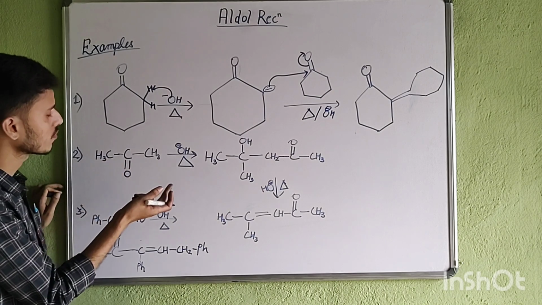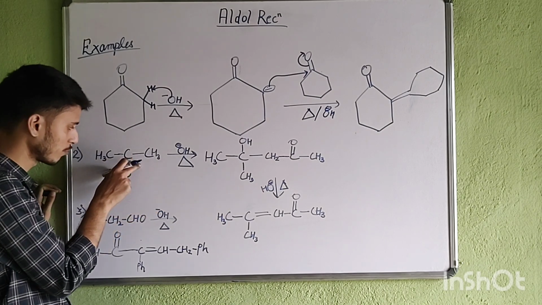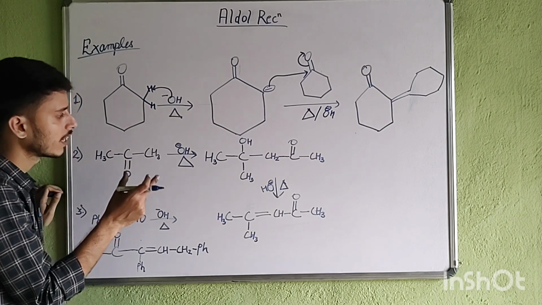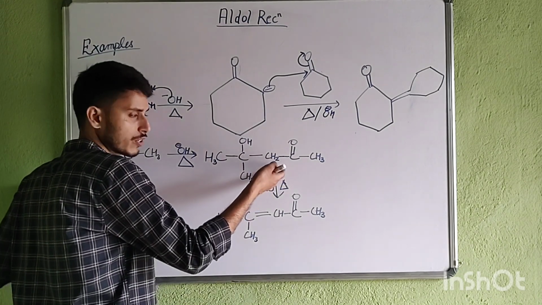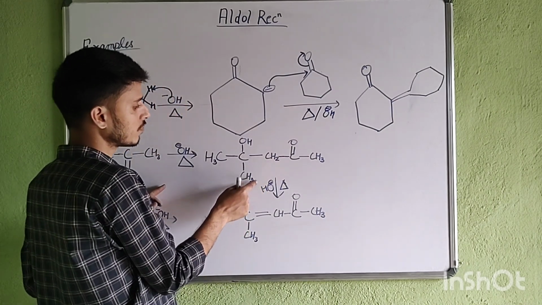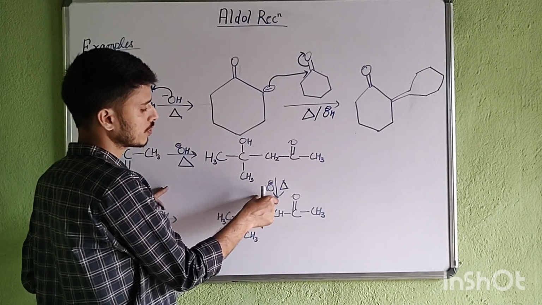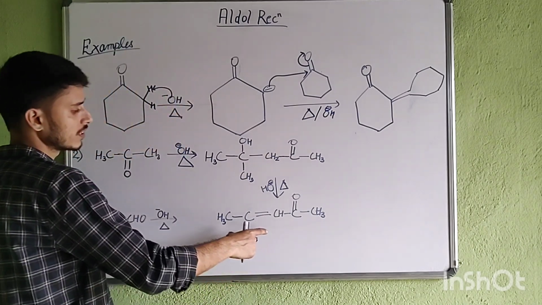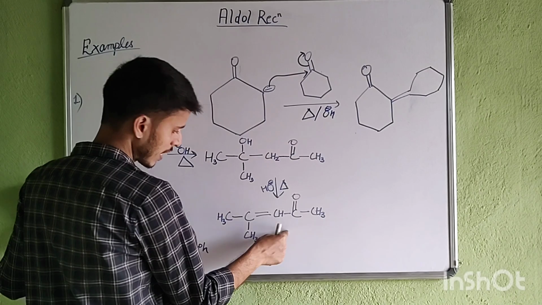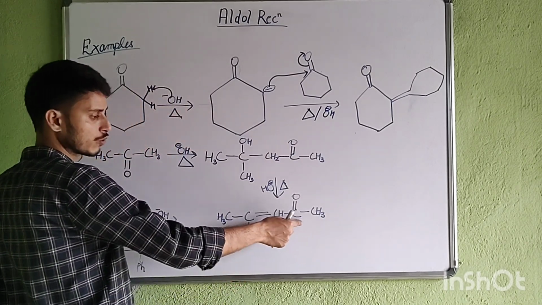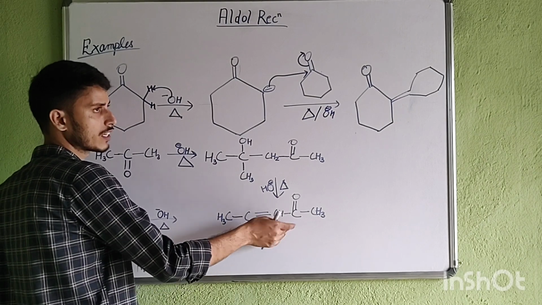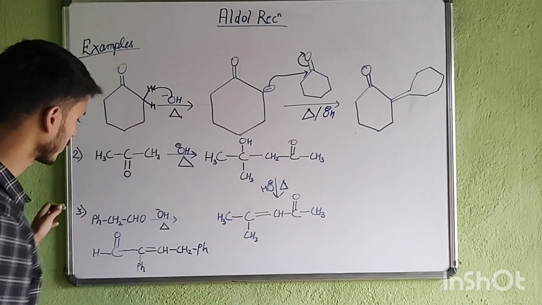Then that CH2 minus will go and attack another molecule of acetone, and the aldol addition product will be there. Take this as the aldol addition product, and when this aldol addition product is treated with OH minus in the presence of heat, then we'll have this one as the product. This is an alpha beta unsaturated carbonyl, particularly an alpha beta unsaturated ketone. This is the aldol condensation product finally that we have got here.